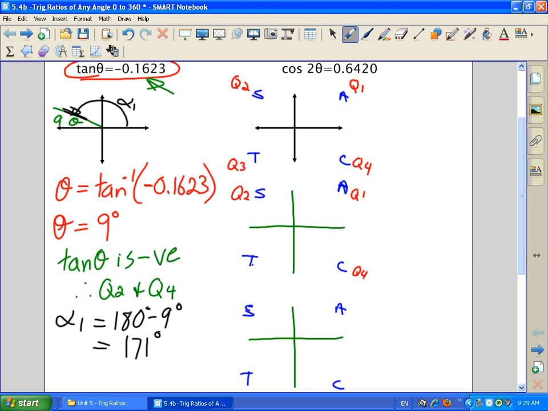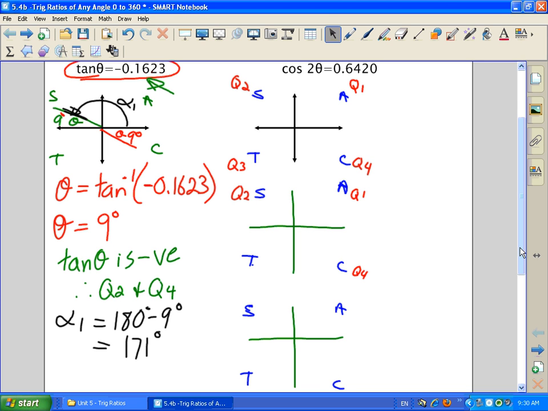Awesome. Now that's one of the 4 quadrants where the tan is negative. And if you forget, you can write down the CAST rule. Where else is the tan negative? And you will find that it is in quad 4. So in quad 4, if I draw my reference angle here, we know that's 9 degrees. I apologize, I forgot my degree sign there, folks.